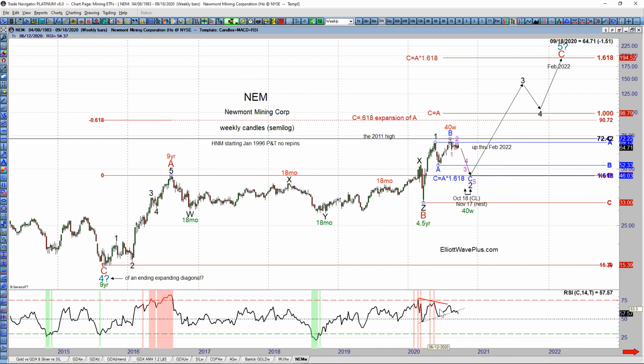Do notice this is a weekly chart. This does look like a bit of a triangle across here, and sometimes a triangle will form an identical looking triangle in the RSI. But in this case, it has broken down now.